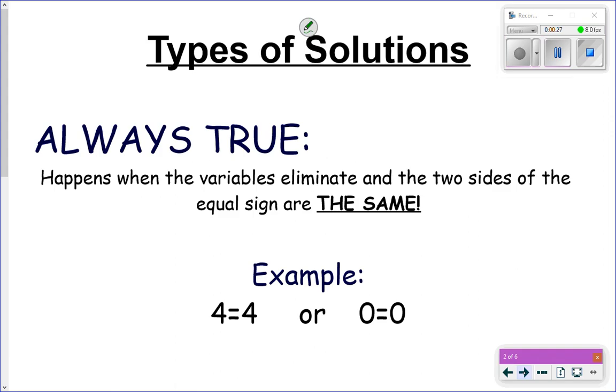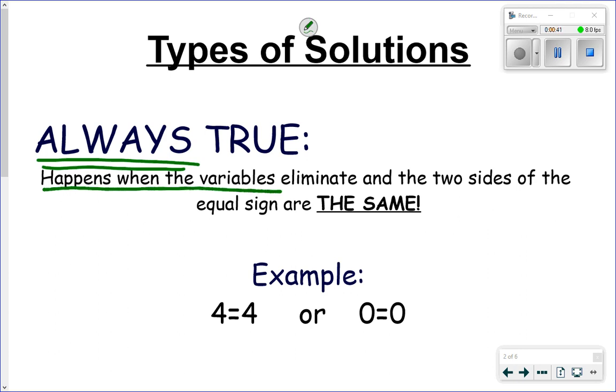Okay, so there's going to be three types of solutions that we're going to be talking about. We're going to be talking about always true solutions, and this happens when the variables eliminate and the two sides of the equal sign are the exact same. So go ahead and write this down. If you need to pause the video to have time to write, go ahead and do that.